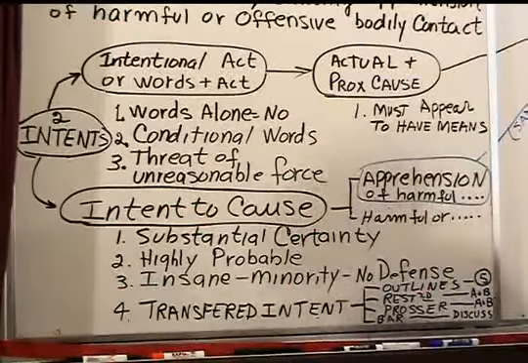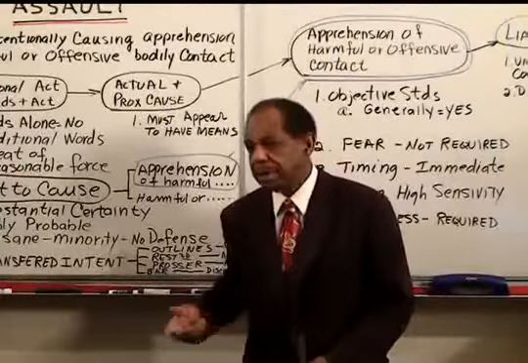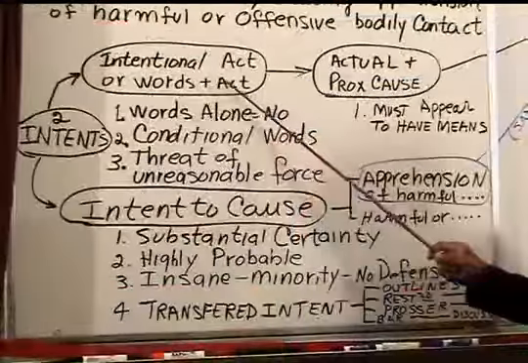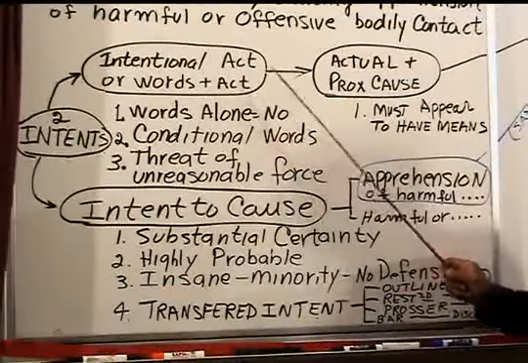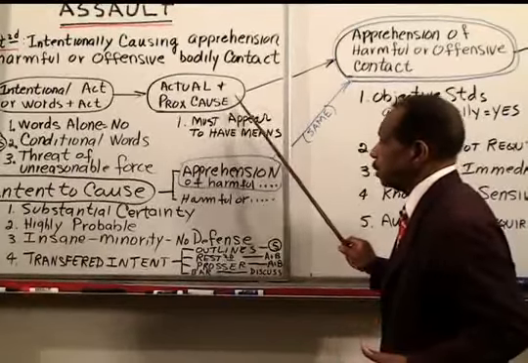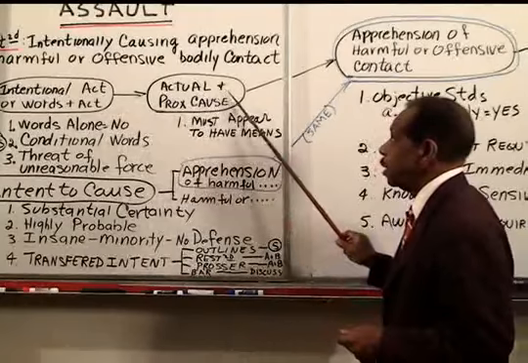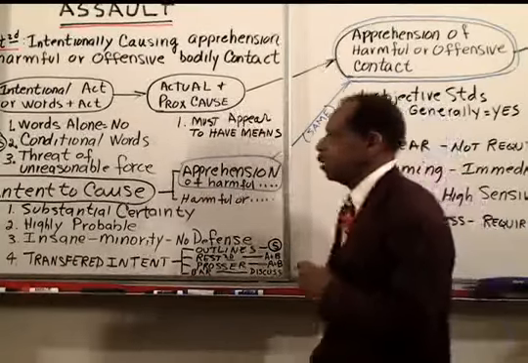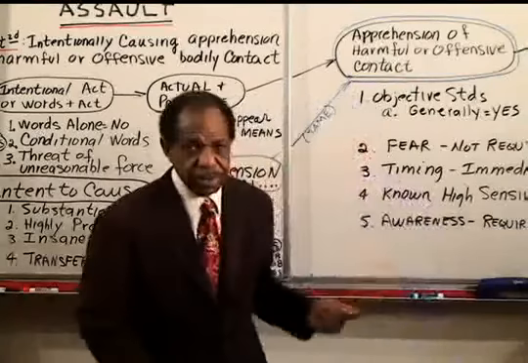You move your hand, reach in the pockets for the knife, any kind of a movement. So you need that movement. That can be a movement plus some words. And that movement, with or without the words, must be the actual and proximate cause of the apprehension.